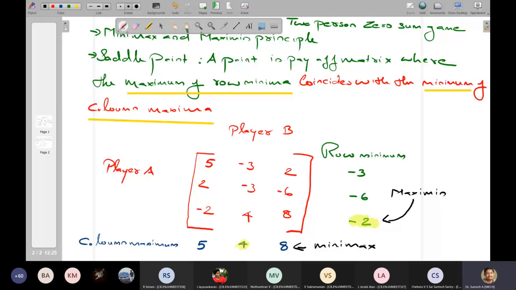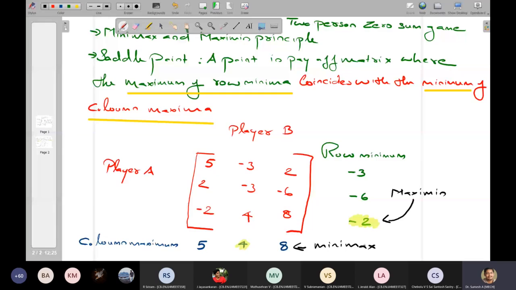So how to determine the saddle point? I'll give you a question so we can see it the same way easily. This is player A with strategies 1, 2, and 3, and this is player B, who also has strategies 1, 2, and 3.